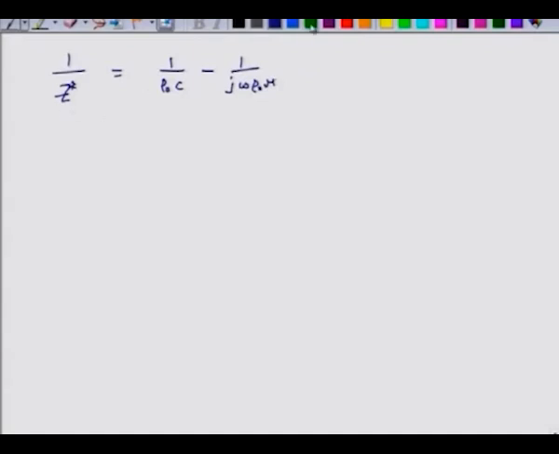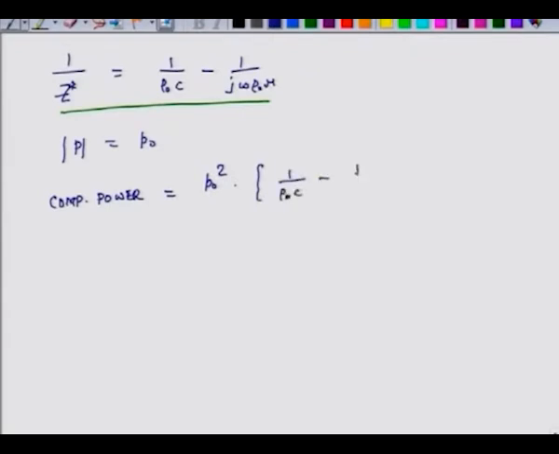So, now that I know what Z star is, and I also know that the magnitude of complex pressure is p naught, my complex power equals p naught squared times 1 over Z star, which is 1 over rho naught c minus 1 over j omega rho naught r.